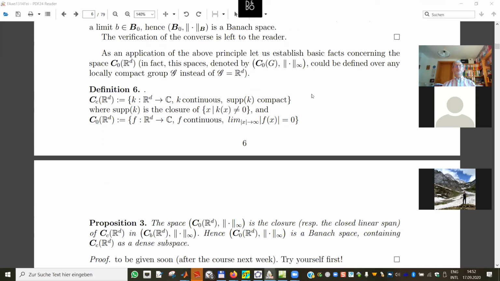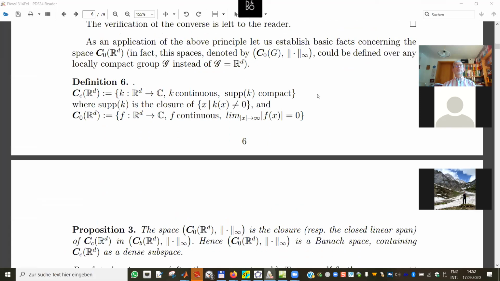So definition 6 is the following. I'm using the symbol CC of RD. And CC has 2 letters C. The capital letter is standing for continuous.